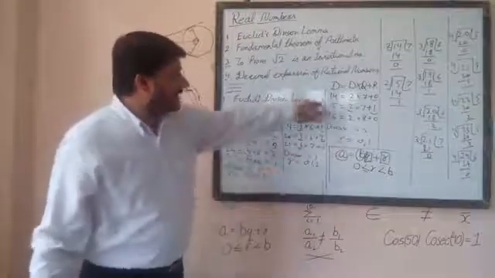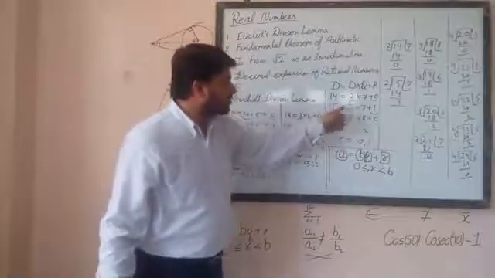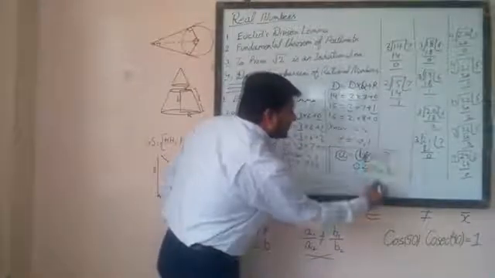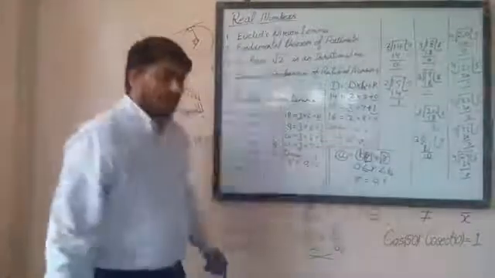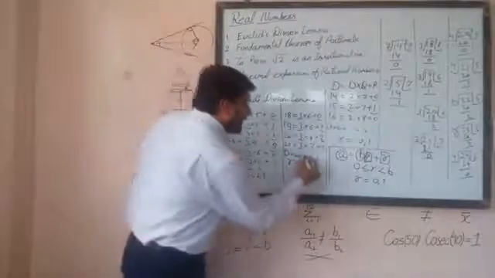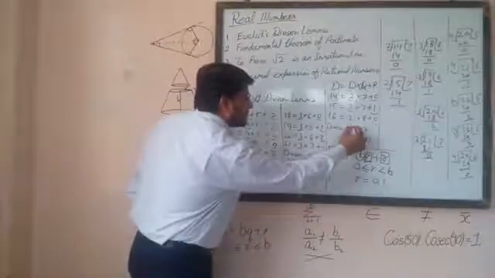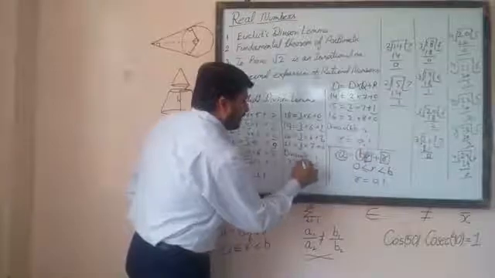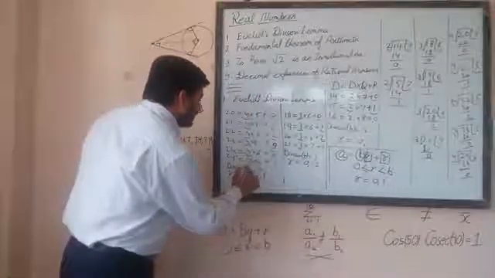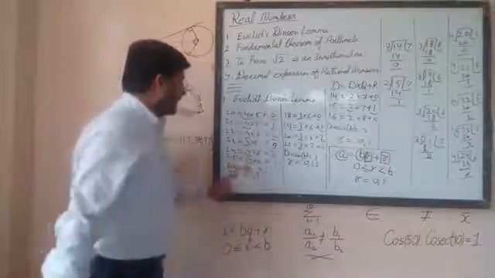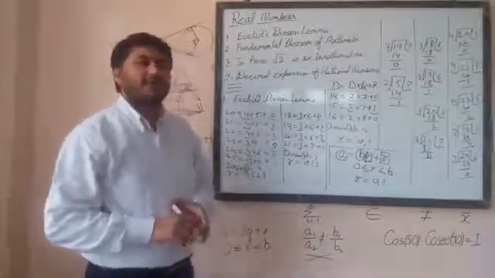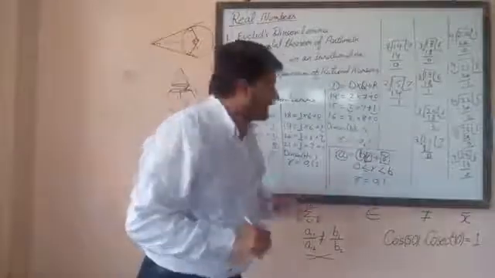So taking this example, if b is 2, our remainder r is what? 0 and 1. In this example if b is 3, then our remainder is 0, 1, 2. Here, if b is 4, then our remainder is 0, 1, 2, and 3. So this is what Euclid's division lemma says.